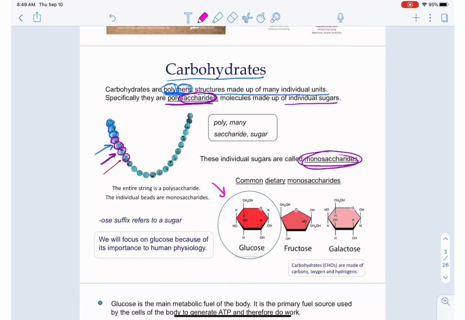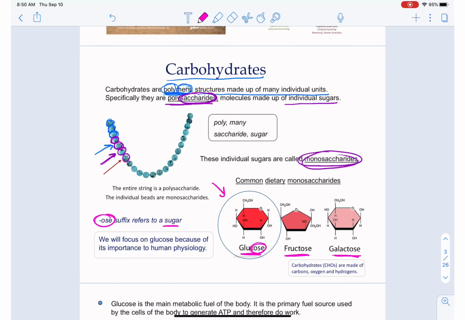These are some common monosaccharides that we find in the diet. We have glucose, fructose, and galactose. Now, what do these all have in common with regards to their name? They all have the suffix "-ose," and whenever you see that suffix "-ose," that means that we're referring to a sugar.